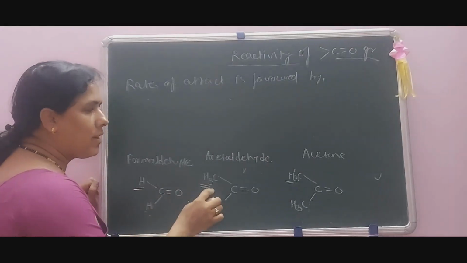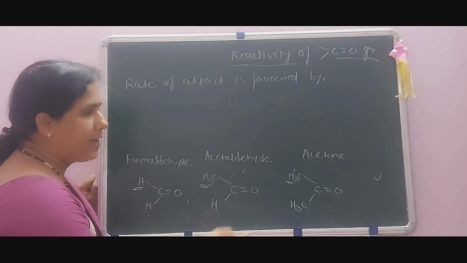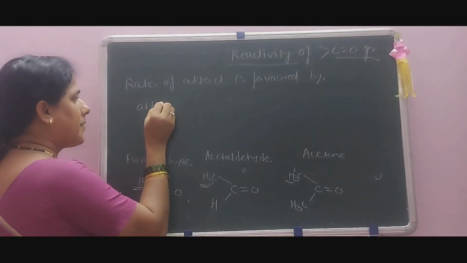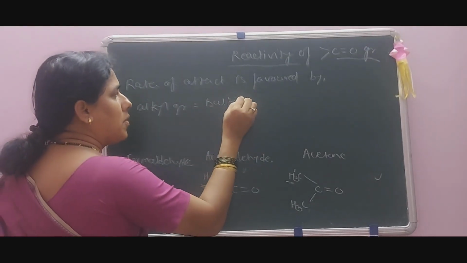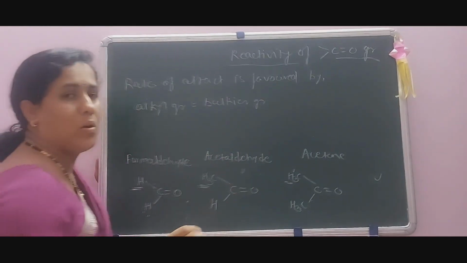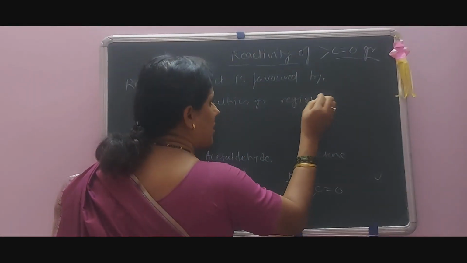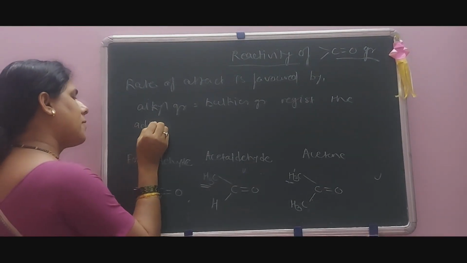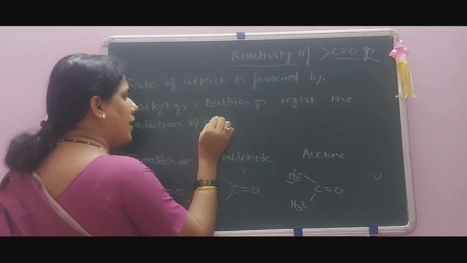Here the number of alkyl groups increases from left to right, and the alkyl group is a bulkier group which resists the addition of a nucleophile.